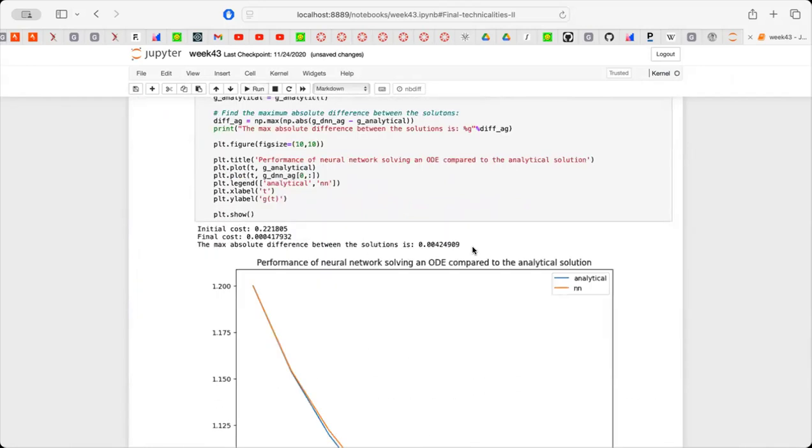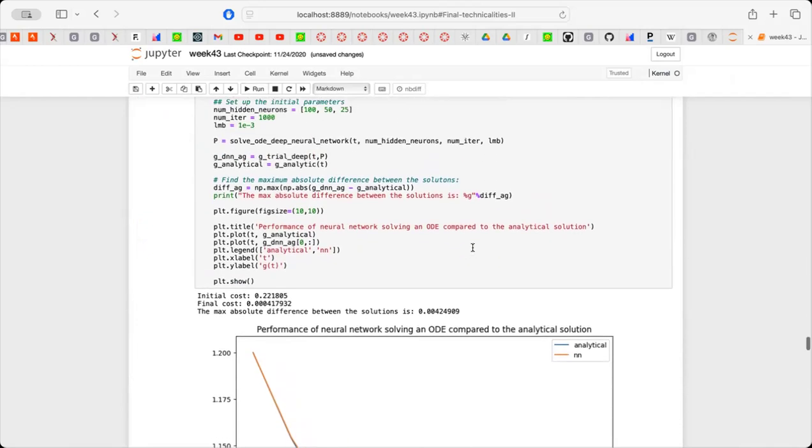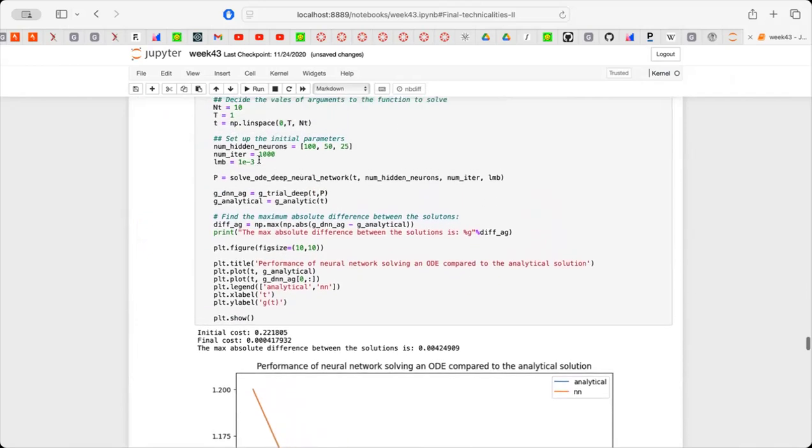And in this specific case, we actually get a better initial cost by accident. We can change the learning rate. So here we have got an error which is on the order of 10 to the minus 4. So if we now change the learning rate here, and we have only 1,000 iterations, and in this particular case, I'm having two hidden layers, one with 100 neurons, so I'm actually increasing the number of neurons.